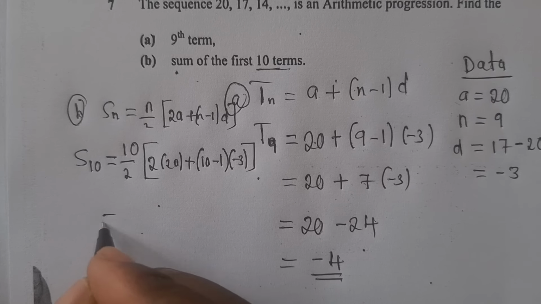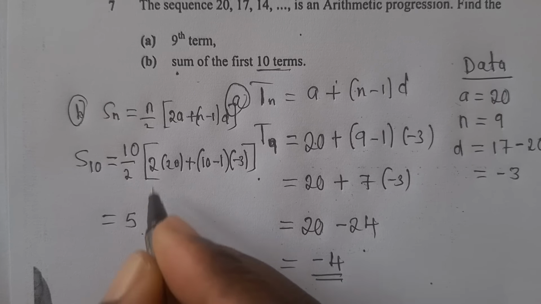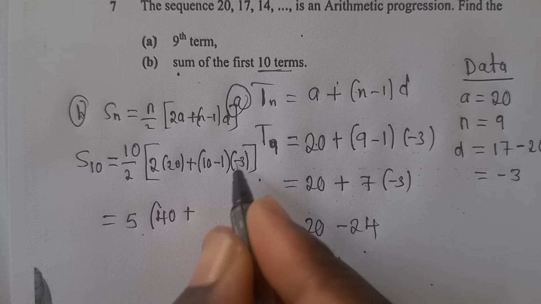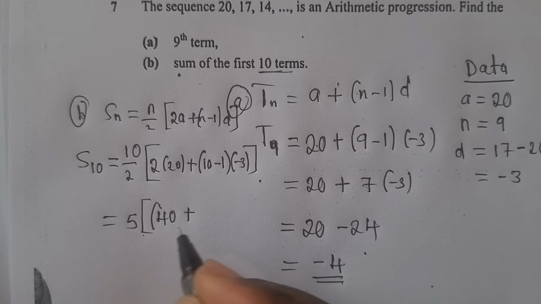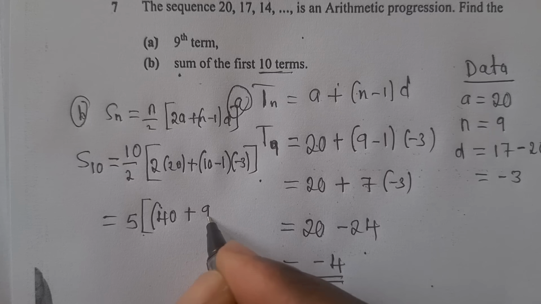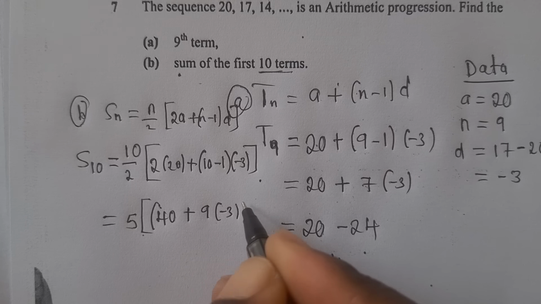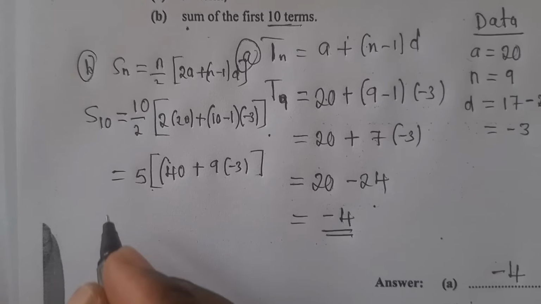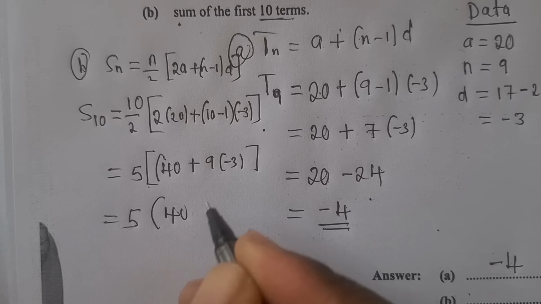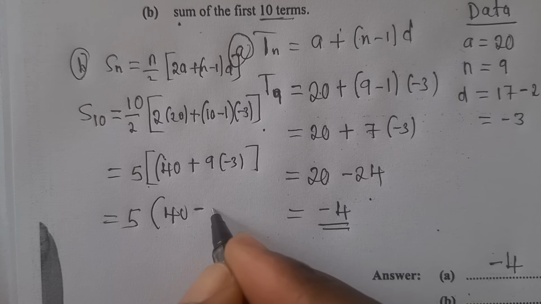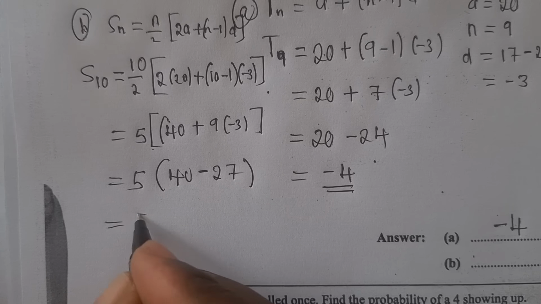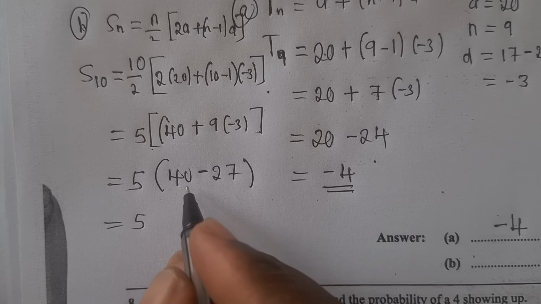You work out, this is giving us a 5. Here we're getting a 40 plus, here we're getting 9 multiplied by negative 3, like that. So this is giving us a 5, 40. Then when you multiply here, we're getting negative 27. So this is 5. We simplify this.